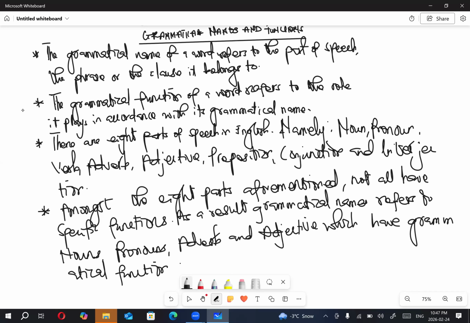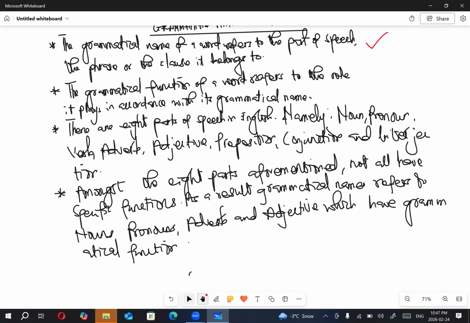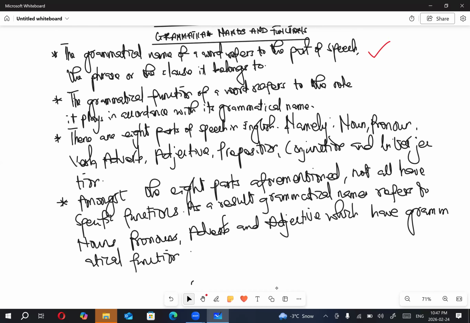So, simply put, let's start from the top. When you meet this question, what's the grammatical name of a sentence or a word? Your answer must be one of three parameters: either it's a part of speech, or it's a phrase, or it's a clause. Now, you don't just say part of speech and leave it there. You have to be clear.